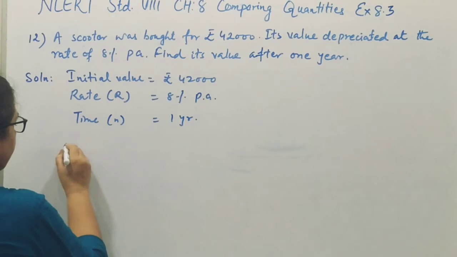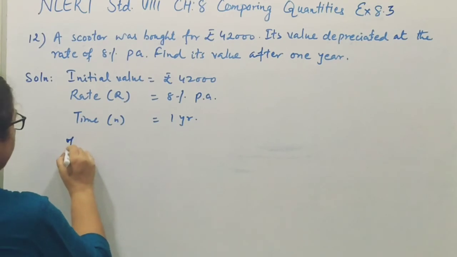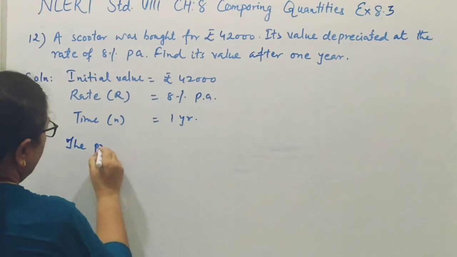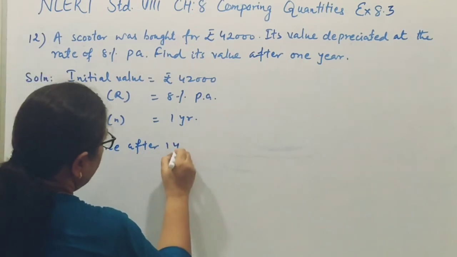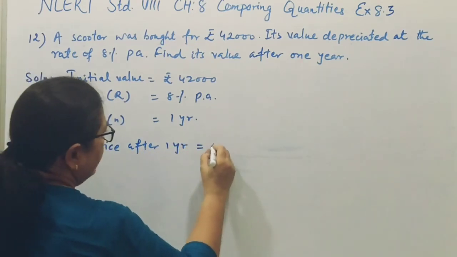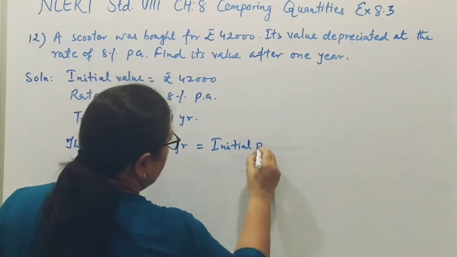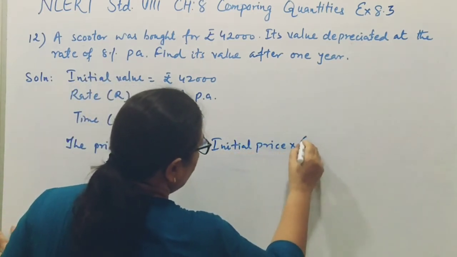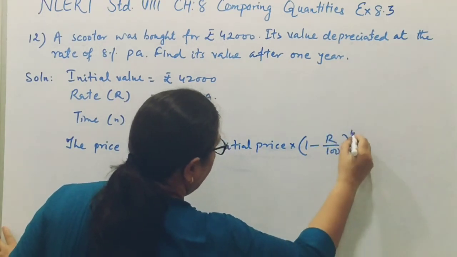Since the price is depreciating, the price after 1 year is given by initial price into 1 minus r upon 100 raised to power n.